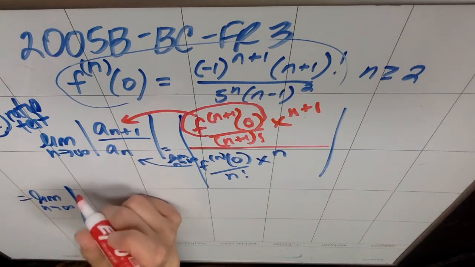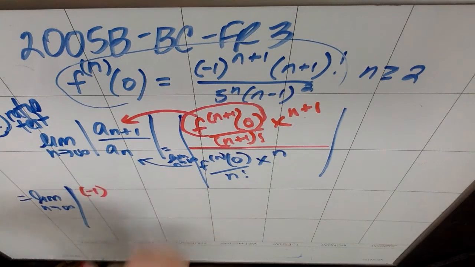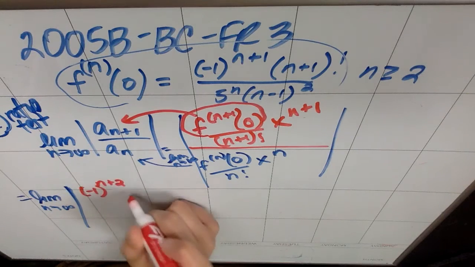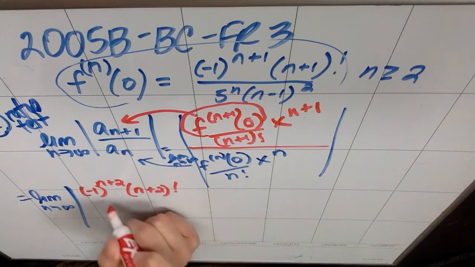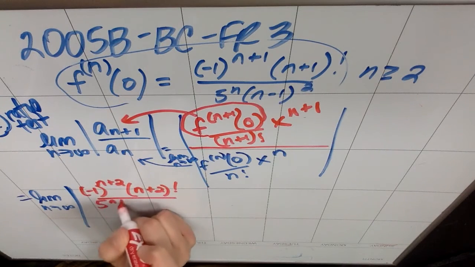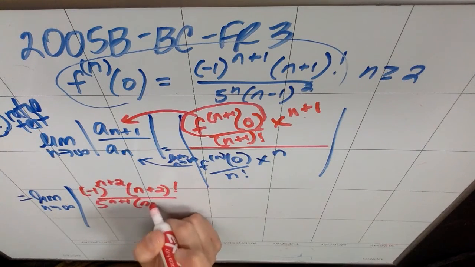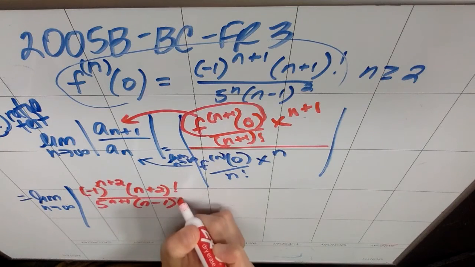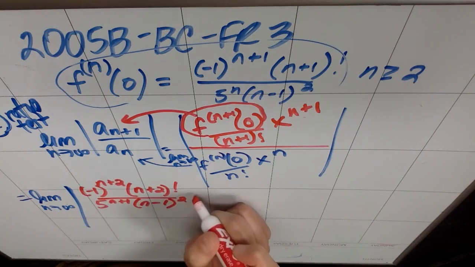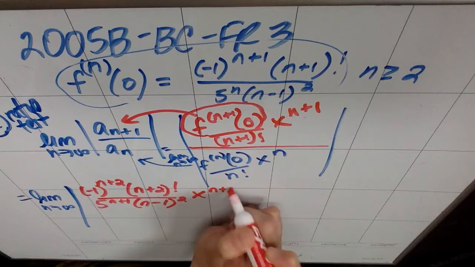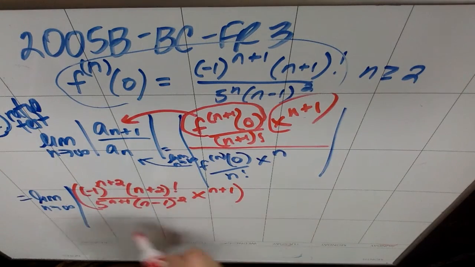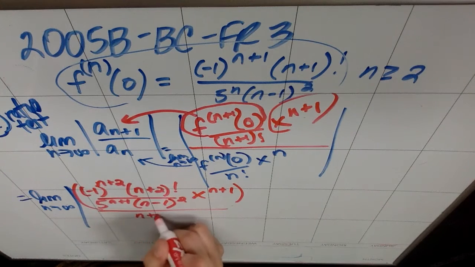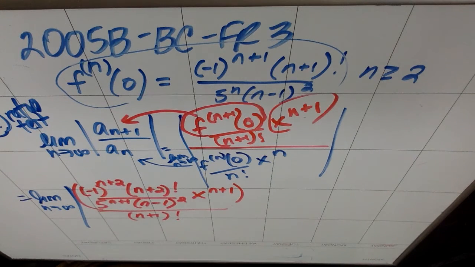So what we're going to get is a negative 1 to the n plus 1 plus 1, which is n plus 2, times an n plus 1 plus 1 factorial, which is n plus 2 factorial, over a 5 to the n plus 1, an n minus 1 quantity squared, times an x to the n plus 1, because that's this piece, all over. So this whole thing also divided by an n plus 1 factorial. Cool, that's good times. All right, so we'll clean that up in a sec.